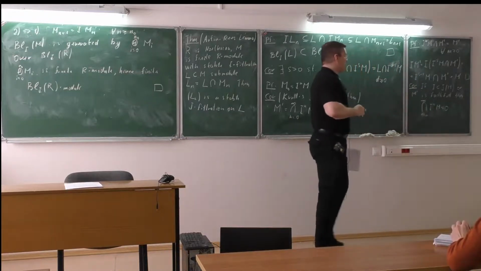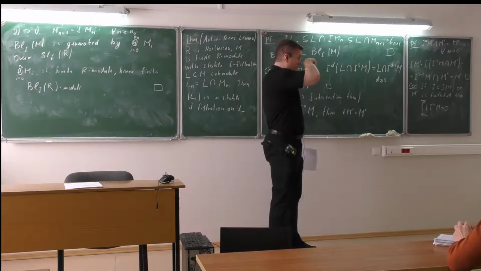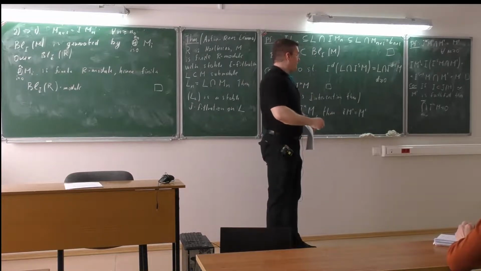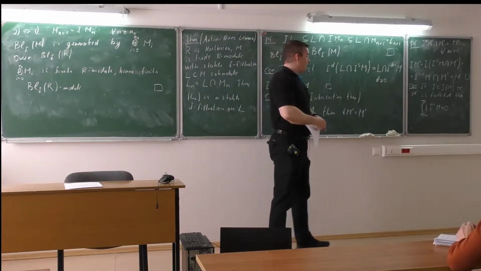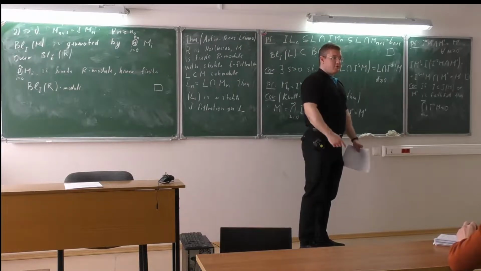So this is why it's called the intersection theorem. Either I sits in the Jacobson radical, or M prime is faithful, so the annihilator is 0.